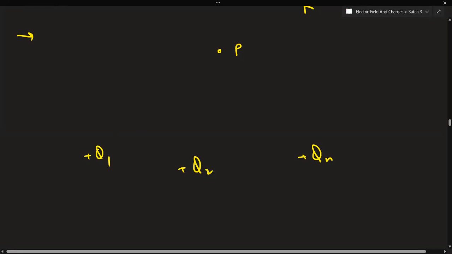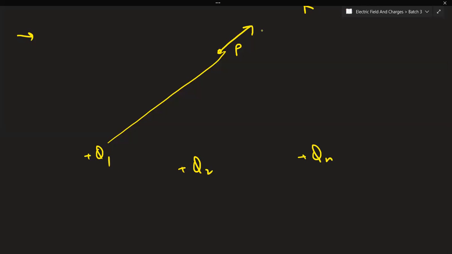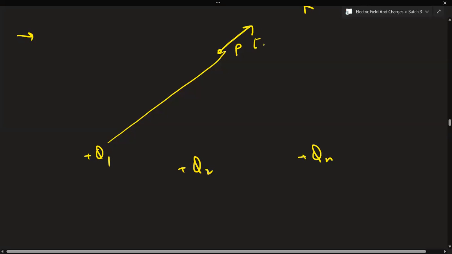See, electric field will be there definitely because of this charge. Q1 will be having electric field at this point. Direction will be away. For a positive point charge, remember always, electric field is directed away from the charge. So electric field 1 will be in this manner.